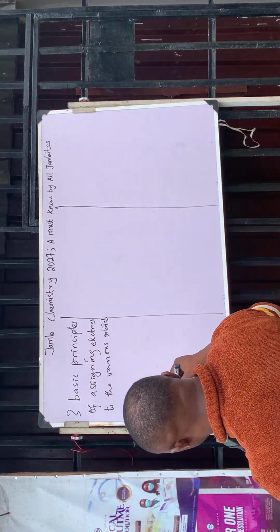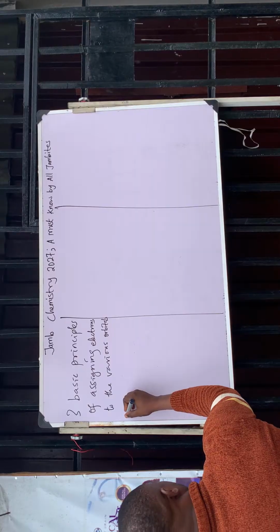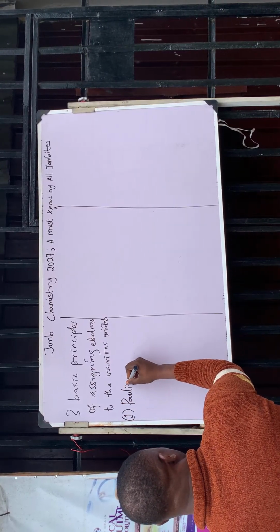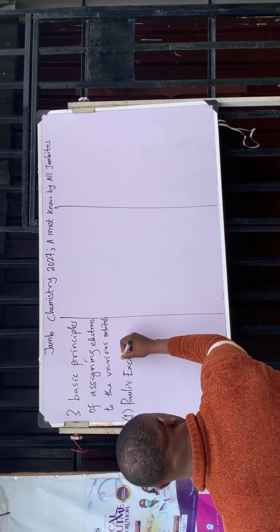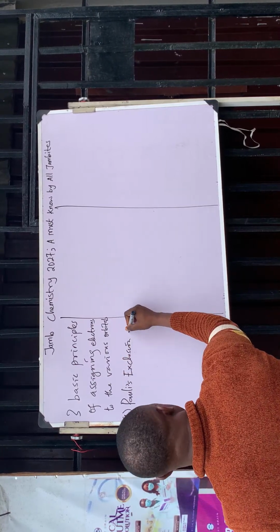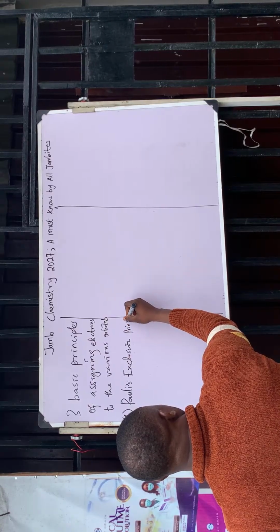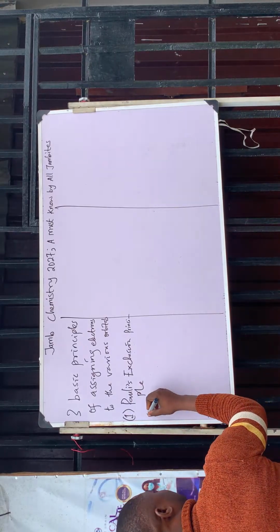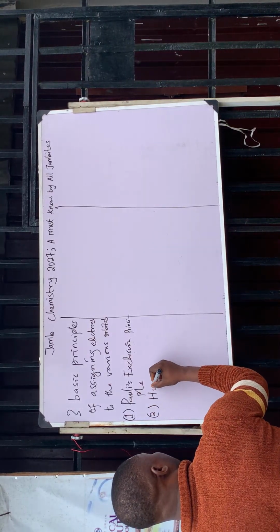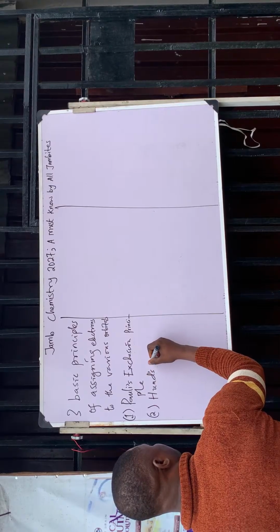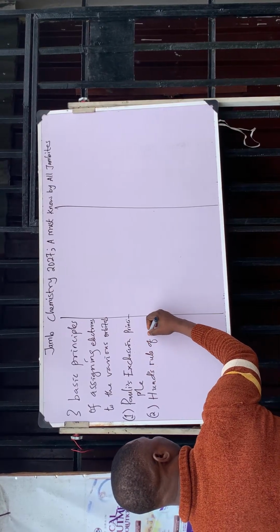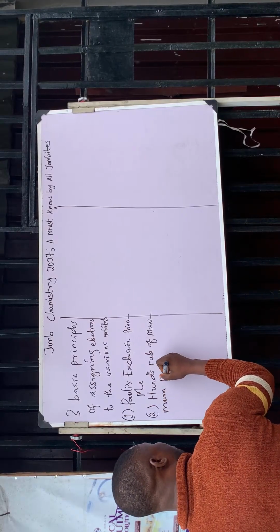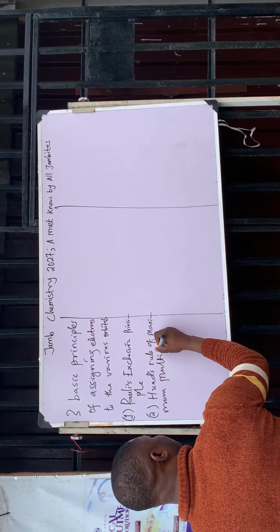Now, the first one we are going to be talking about, number one, is Pauli's exclusion principle. The second one is Hund's law of maximum multiplicity.